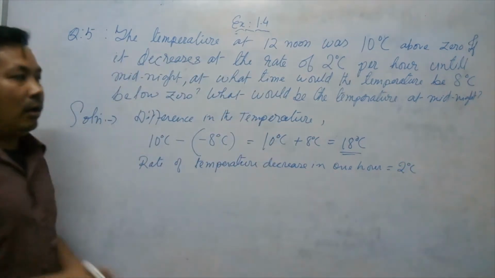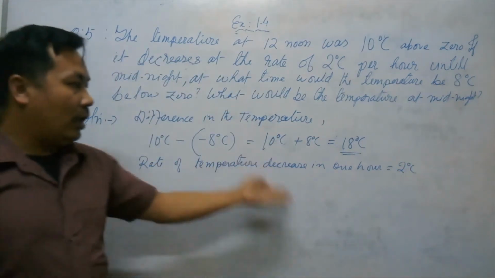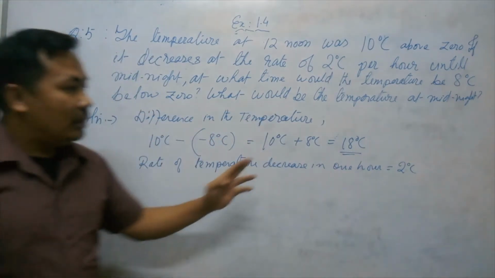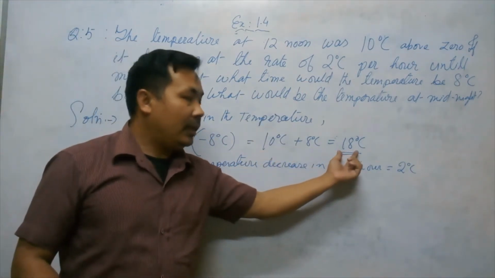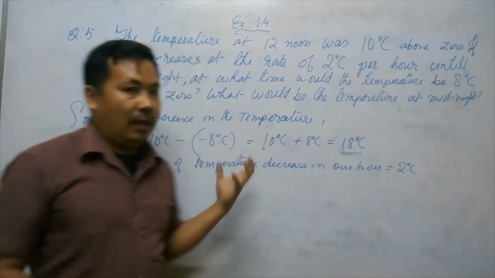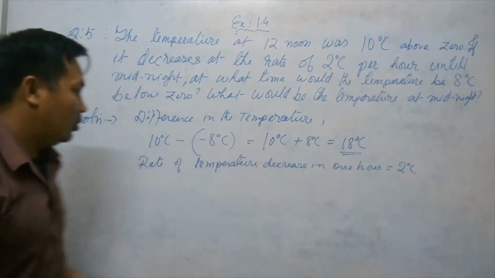So we will divide this 18 degrees, the difference in temperature, by the temperature decrease in 1 hour.